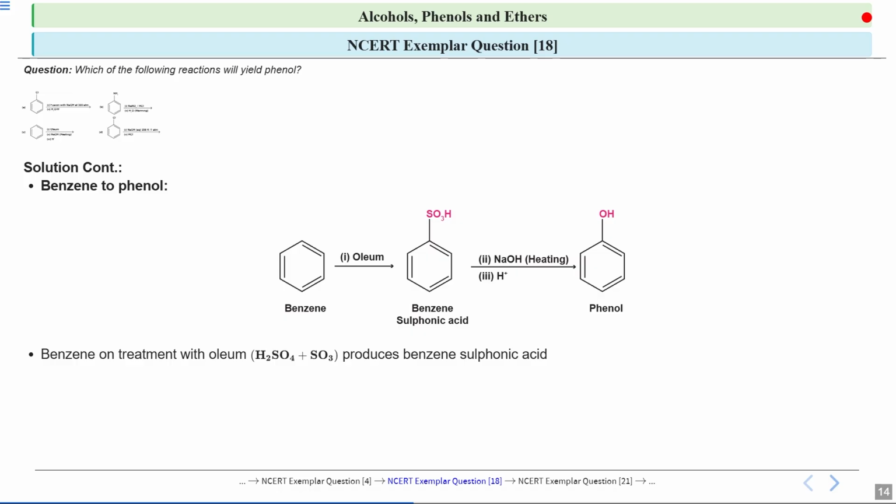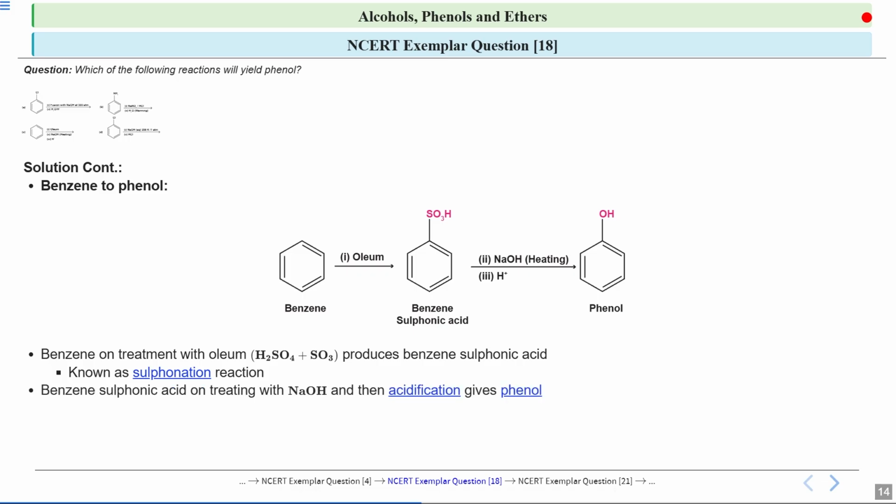Sulfonation is a common method used to introduce functional groups into aromatic compounds. This is known as the sulfonation reaction. Benzene sulfonic acid on treating with NaOH and then acidified gives phenol.